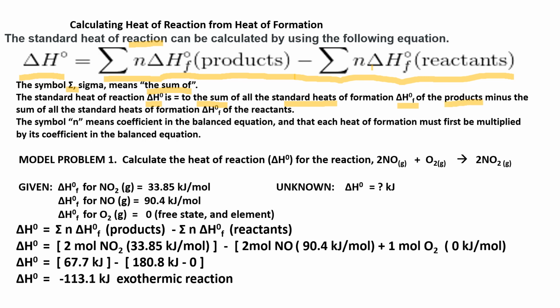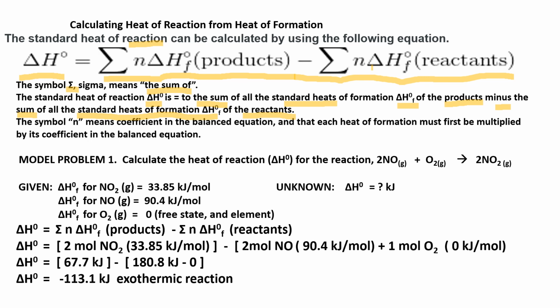Take note of the products. And then minus the sum, that is why this is the sigma sum symbol, of all the standard heats of formation, delta HF, of the reactants.